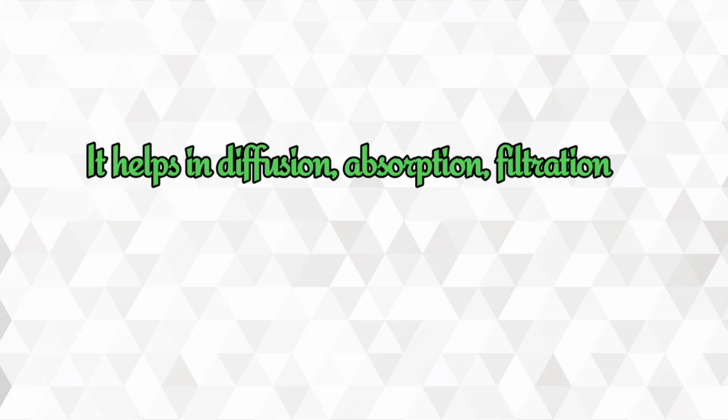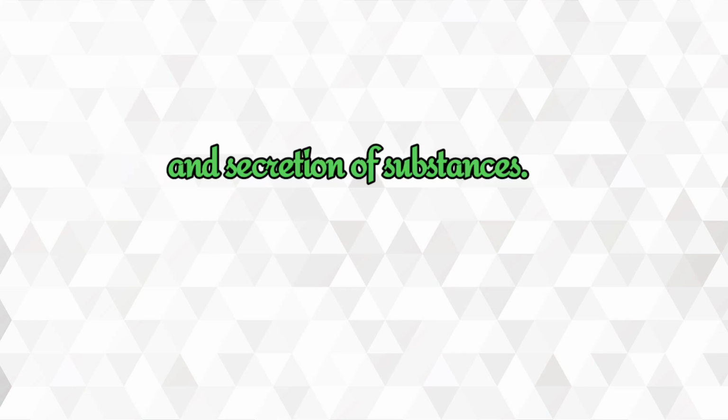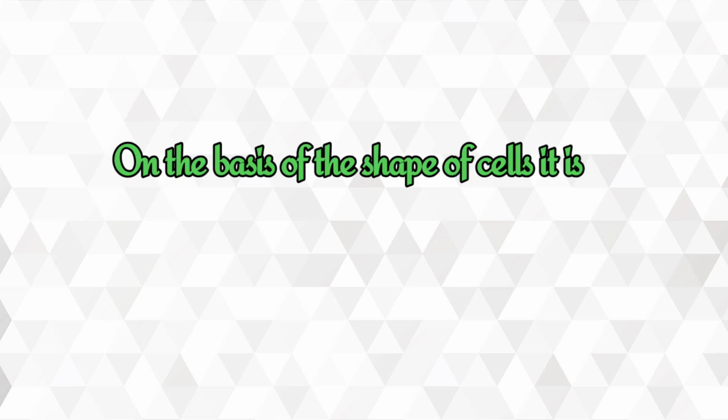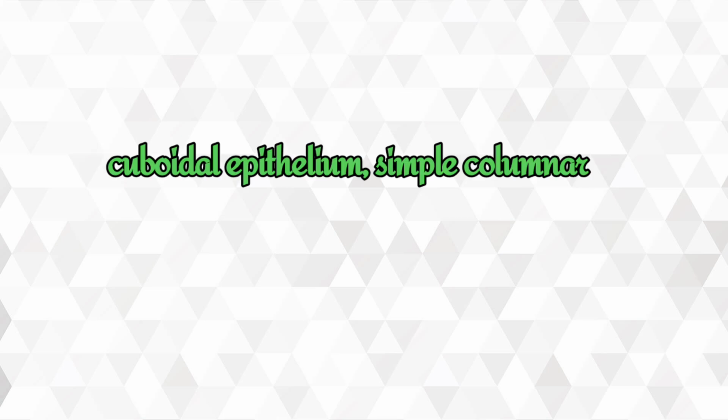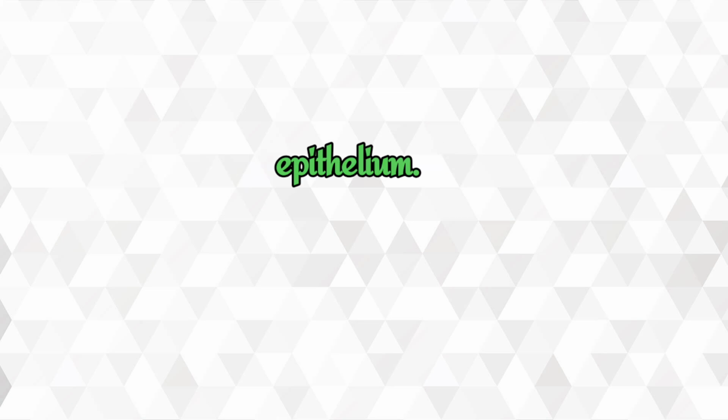It helps in diffusion, absorption, filtration and secretion of substances. On the basis of the shape of cells, it is further divided into three types: simple squamous epithelium, simple cuboidal epithelium, and simple columnar epithelium.